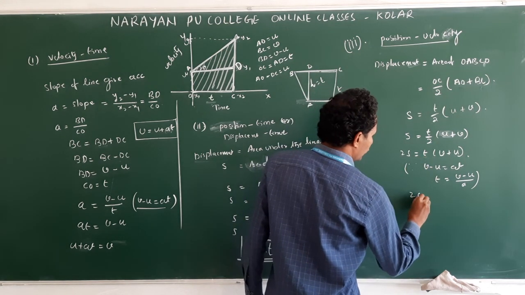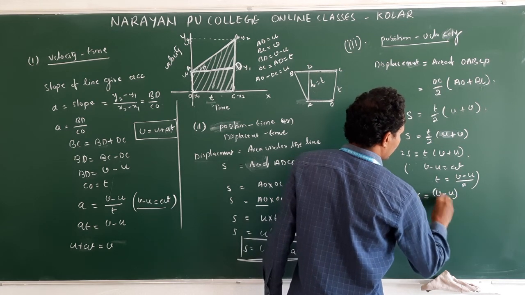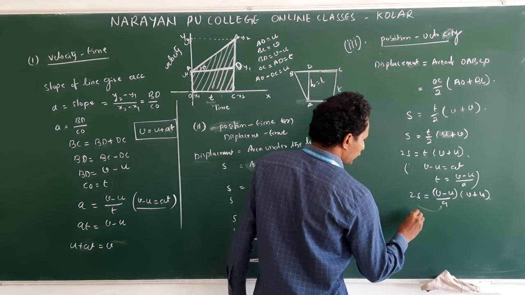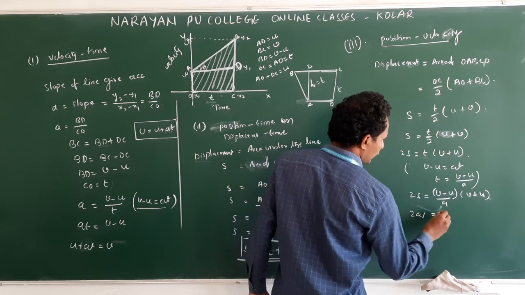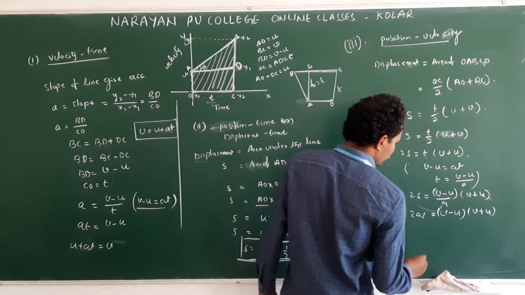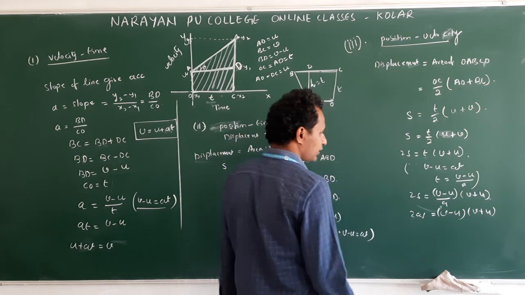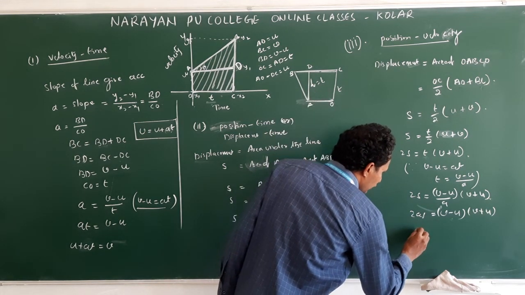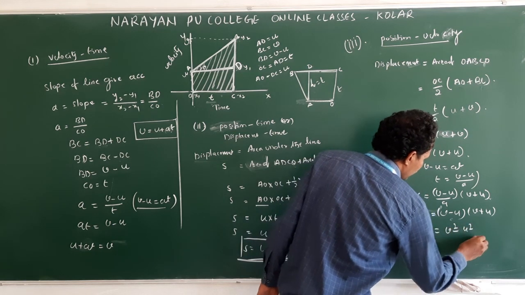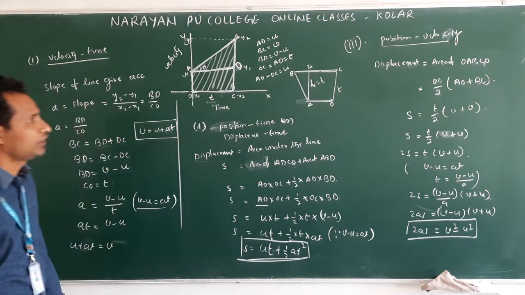So 2s is equal to ((v minus u) by a) into (v plus u). The a comes to this side: 2as is equal to (v minus u) into (v plus u). a plus b into a minus b is a square minus b square. So 2as is equal to v square minus u square. This is the third relation.